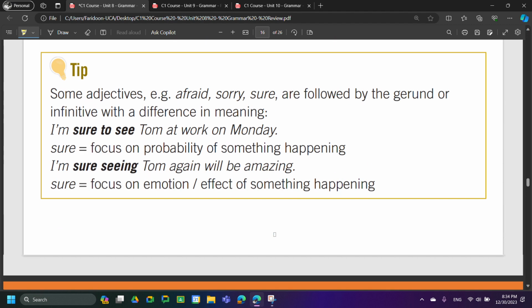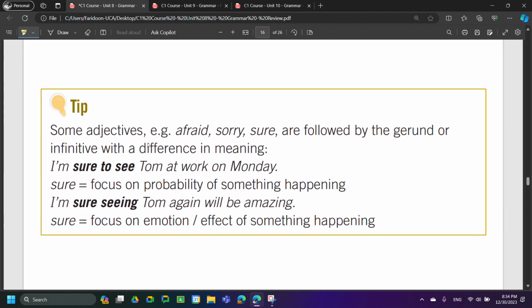Another tip, some adjectives, for example afraid, sorry, sure, are followed by the gerund or the infinitive, but with a difference in meaning. Example, I'm sure to see Tom at work on Monday. In here, sure means that you're focusing on the probability of something happening. Okay? You're sure that this will happen.